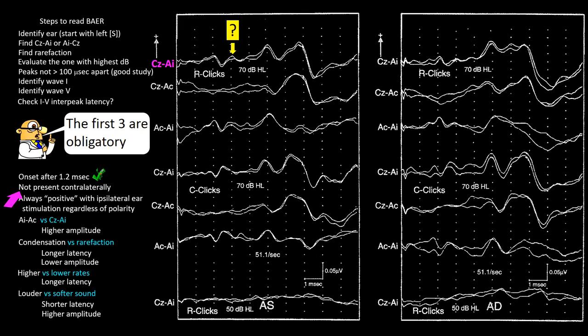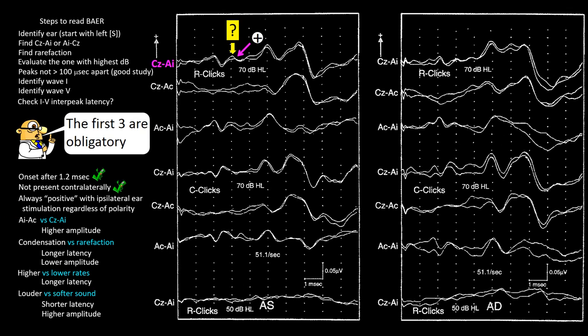Next item is there are no wave on the contralateral derivation. As you can see, no wave is present contralaterally. So this criteria is also met. Next criteria is the always positive criteria, meaning that it is always positive regardless of the stimulus polarity.